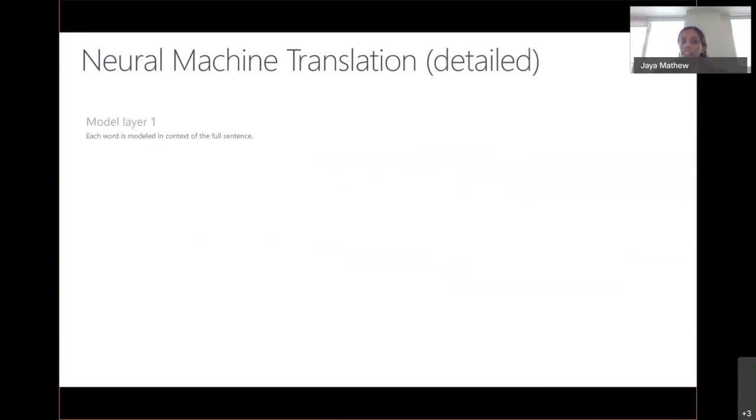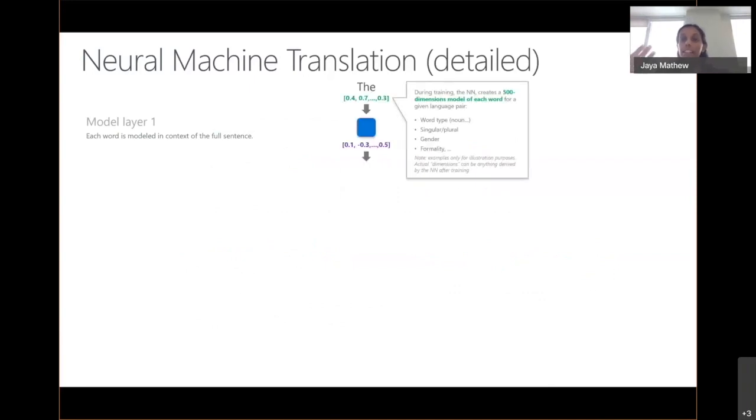Okay, so let's look at this in a little more detail. So here is an English sentence that you're trying to translate to French again. In layer 1, each word is modeled in context of the full sentence. So during training, the neural network creates a 500-dimensional model of each word in that sentence given the language pair. The language pair in here is English to French.